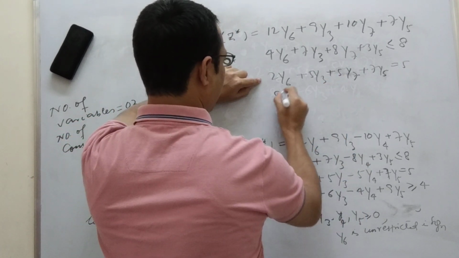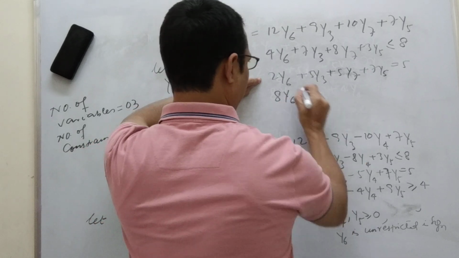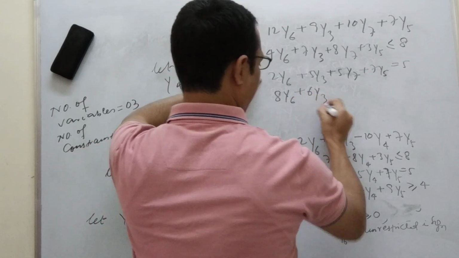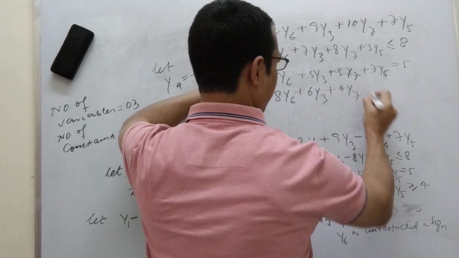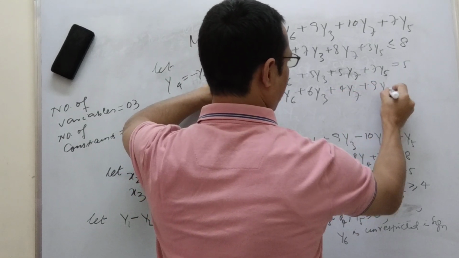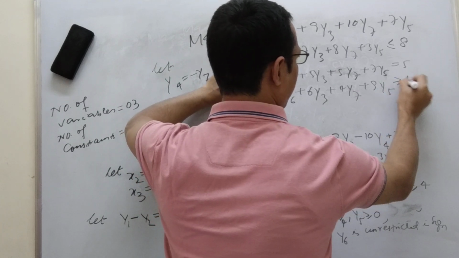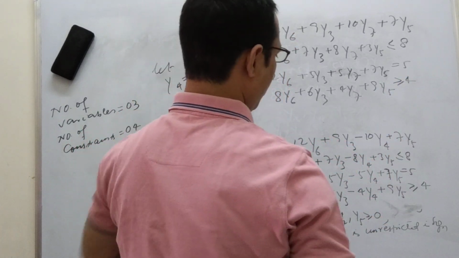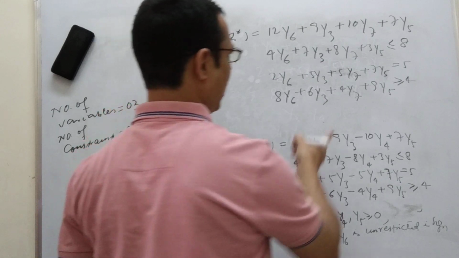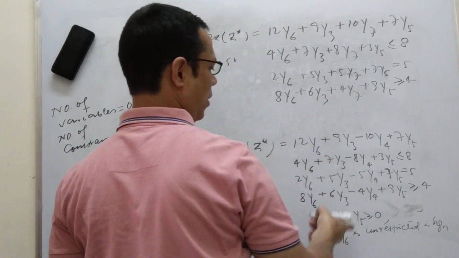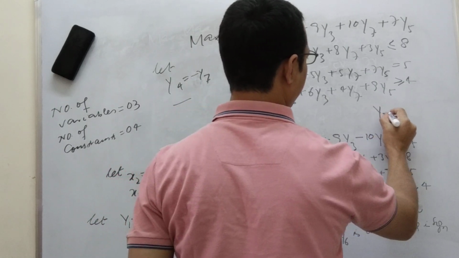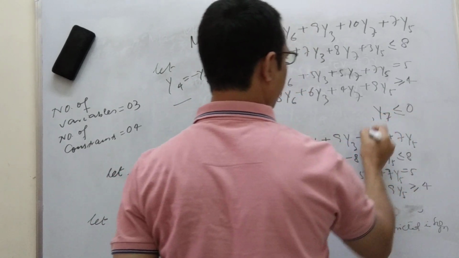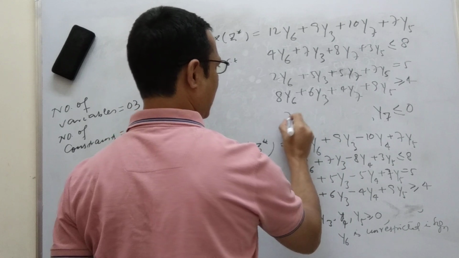Now 8y6 plus 6y3 plus 4y7 plus 9y5 greater than or equal to 4. Now here you can see, because y4 has been replaced with y7, so now you can say y7 is less than or equal to 0 in this form.